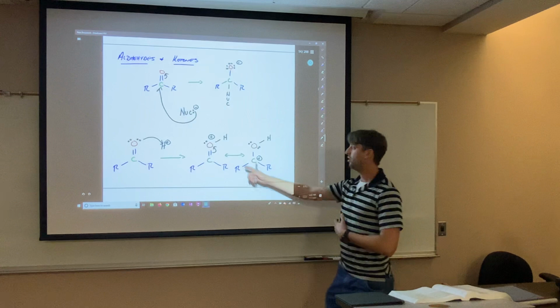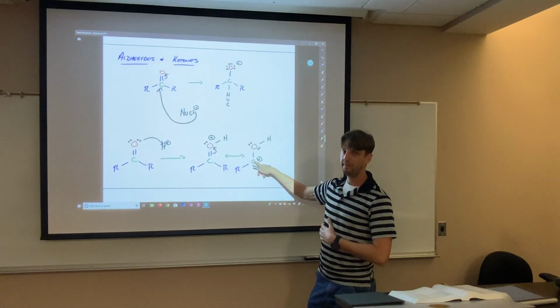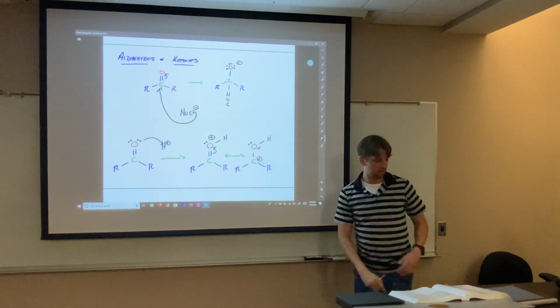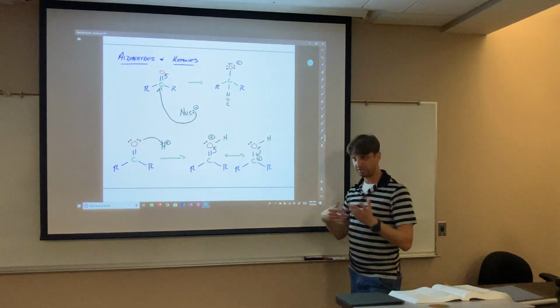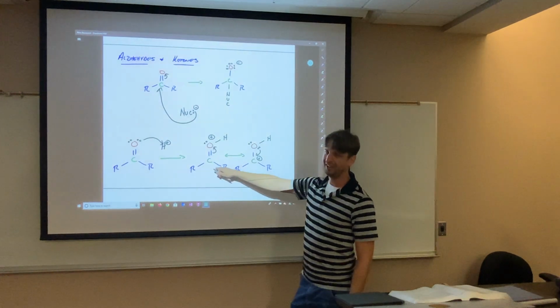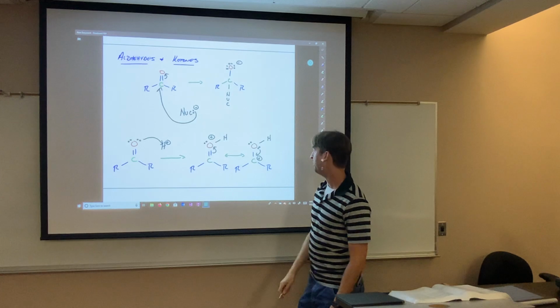There it is. Lone pair, neutral oxygen, positive charge on the carbon. We could draw our arrow to go back to where we started. Remember, with resonance structures, we always need to be able to go back to where we began. Although hopefully at this point, everyone should be able to draw these resonance structures.